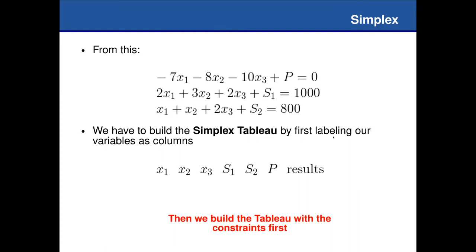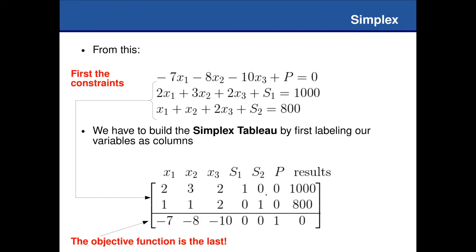In the simplex tableau, we start by defining column names. So the names will be all variables x1, x2, and x3, my slack variables, my p, which is a profit variable, and results. Results are related basically to the right sides we've got for all those equations. Next step, we bring all coefficients from the constraints.